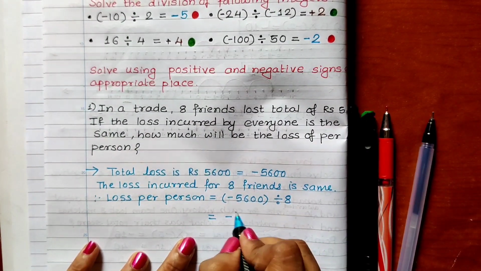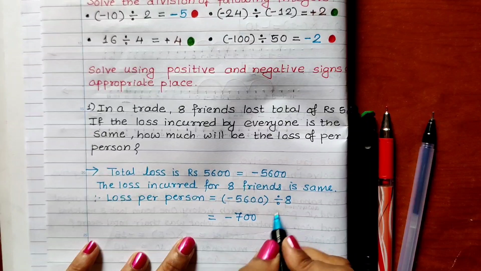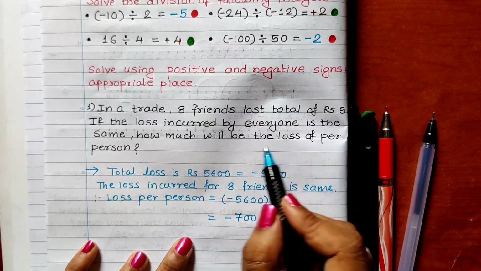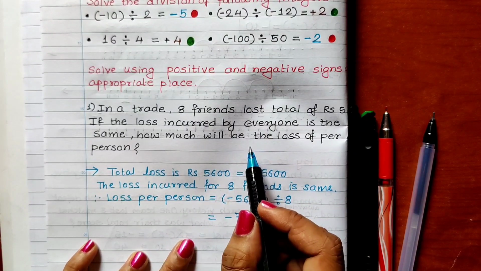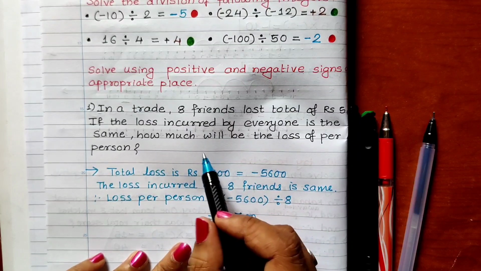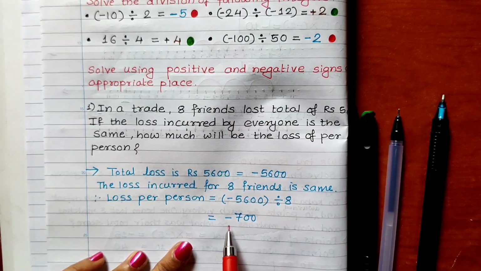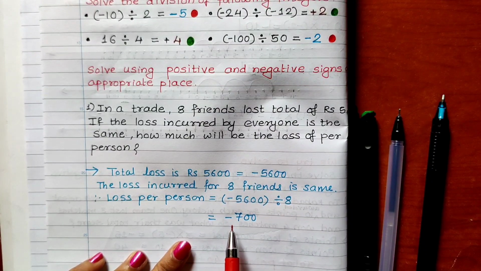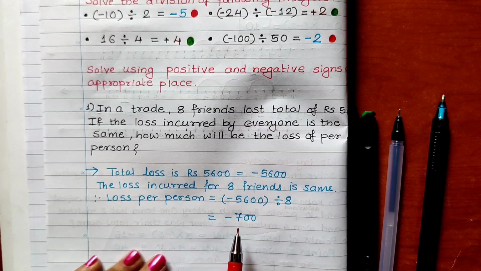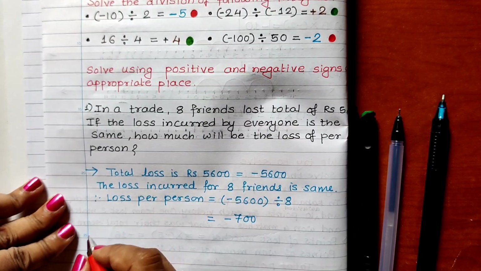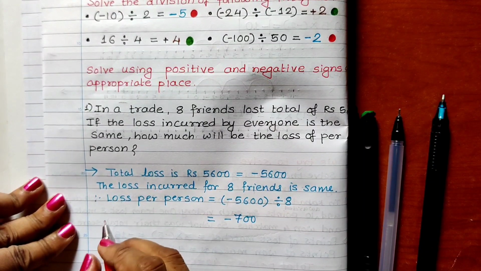Here while writing in the division we write minus 700. But when we want to write the answer statement of the question, we will not write this minus sign because we are showing the rupees. That means an amount. An amount cannot be shown by using a minus sign. So while writing the answer statement, we will not use the minus sign.